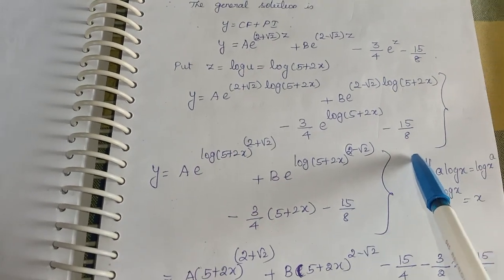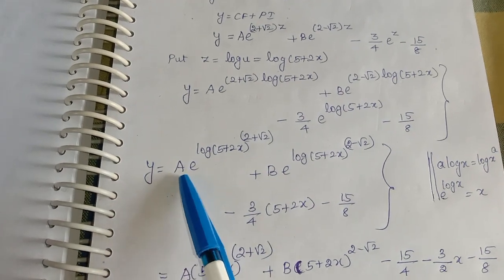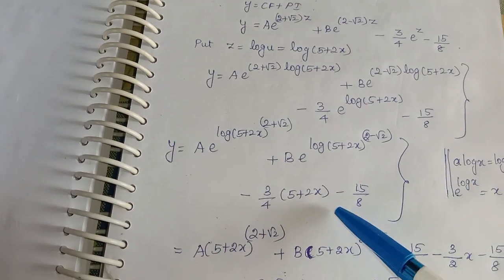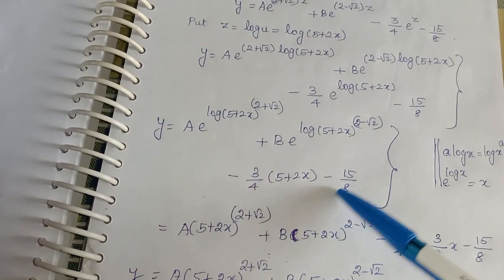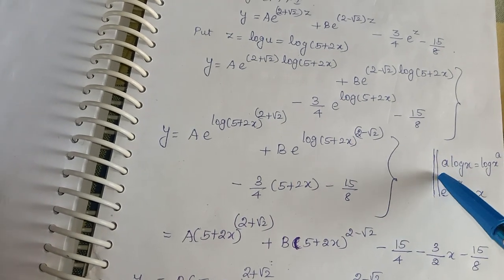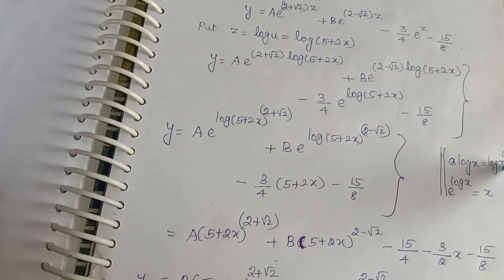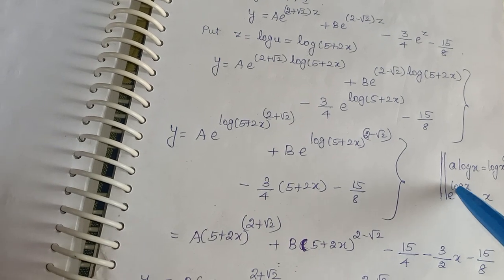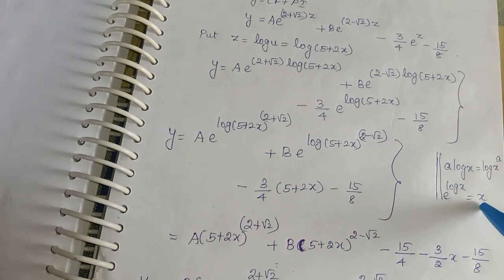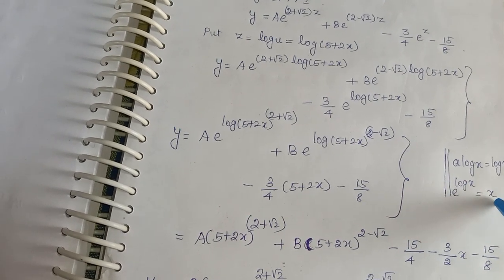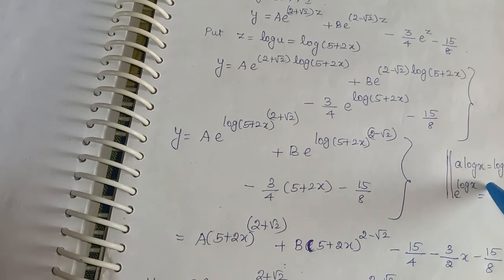Now I'm going to use some properties of the logarithmic function. a log x, that is a into log x, can be written as log of x^a, and the exponential of the logarithm of x is equal to x, that is e^(log x) equals x. I'm going to make use of these two properties here.